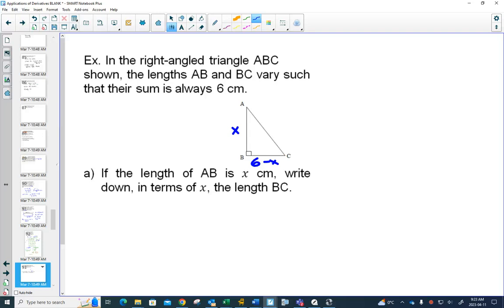Now, for most of you, the 6 minus x here is really easy and no problem, but you will get into more complicated situations where you're going to have to think that way, and that's a great problem-solving strategy. Solve something simple and look at how you did it, then see if you can apply that to a more complicated situation.